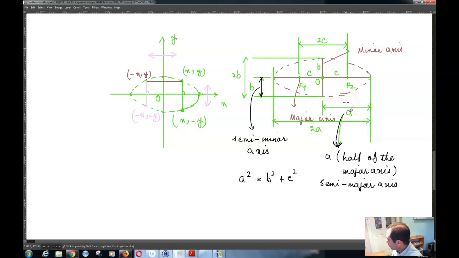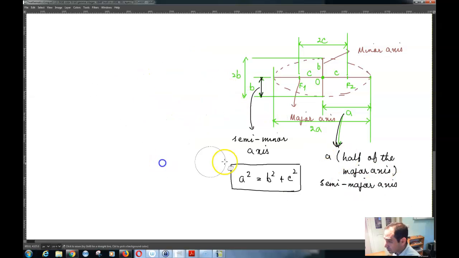Now, in case you want to know how we can come up with this relationship, it's not that complicated. If you take this vertex over here and call it P, of course, P is a point on the ellipse, right?